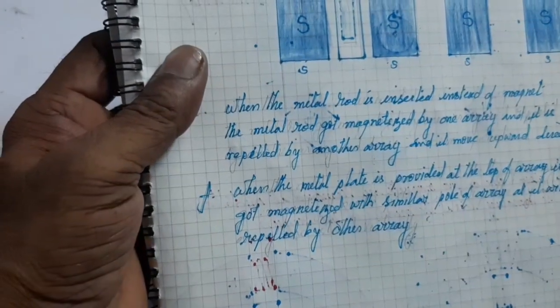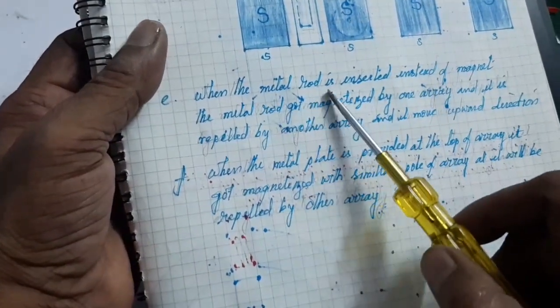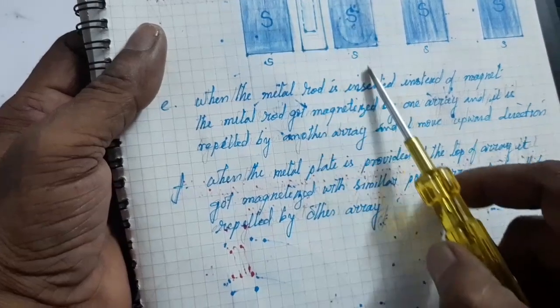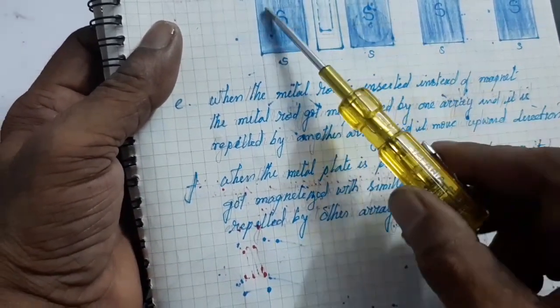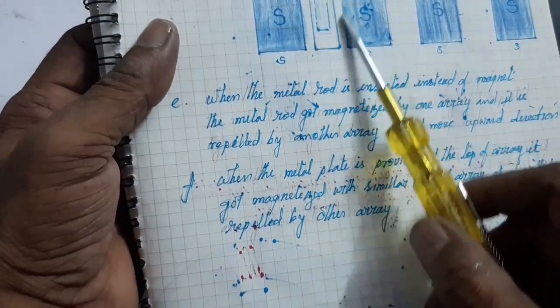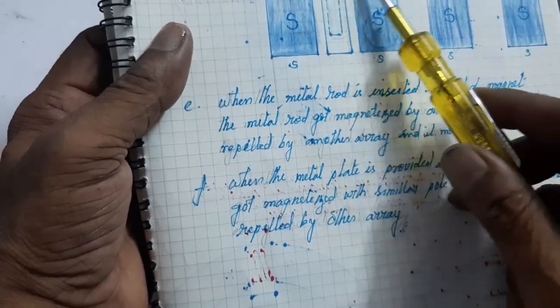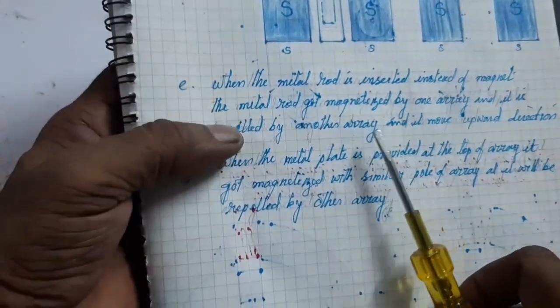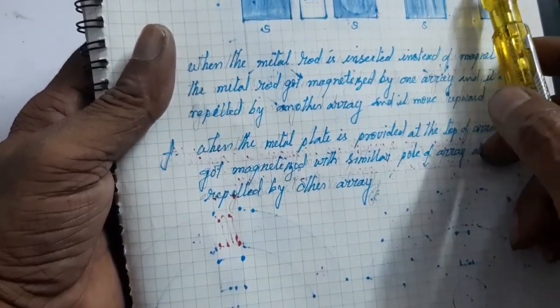Here a small screw is inserted. What happens when a metal rod or screw is inserted into the magnets? The metal rod gets magnetized by one array and is repelled by the other array. That's why the rod or screw moves upward. Next, why do the plates move up and down?